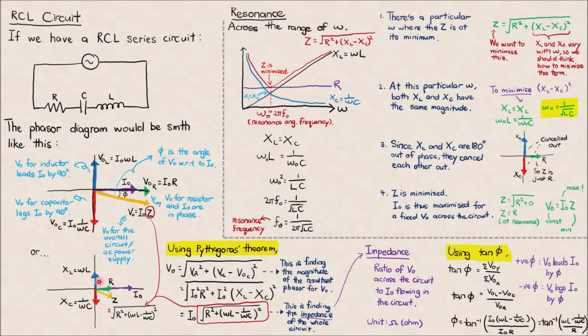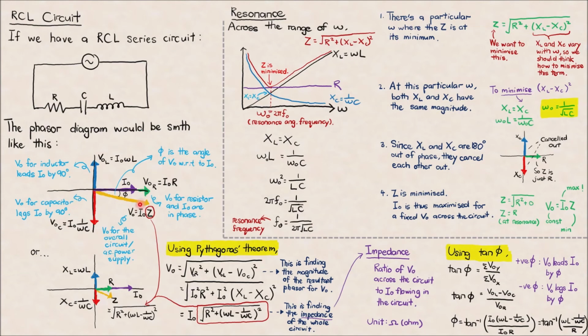You take the up minus the down to get a y component, then you find the x component, which is resistance, and you do a Pythagoras to find the resultant length, which is the impedance. For this phasor diagram, these steps allow us to find the magnitude of the peak voltage.